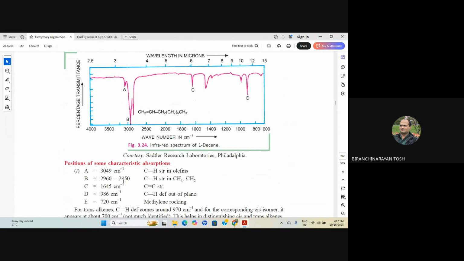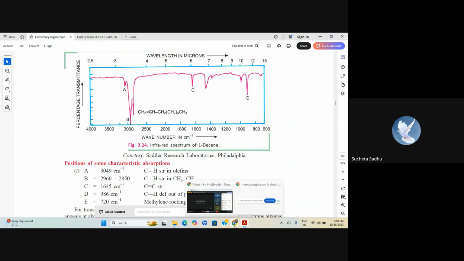Other methyl and methylene you will get as usual, as already discussed, around 2900. Am I clear? Any doubt? No, sir.